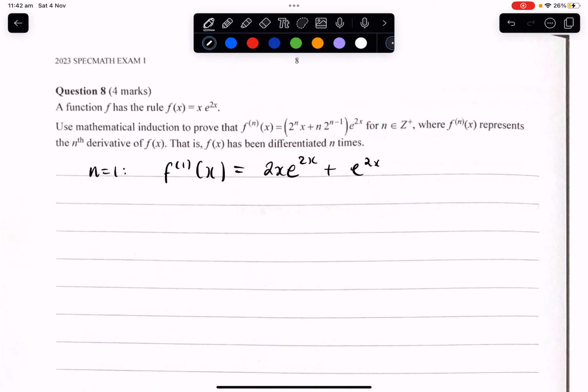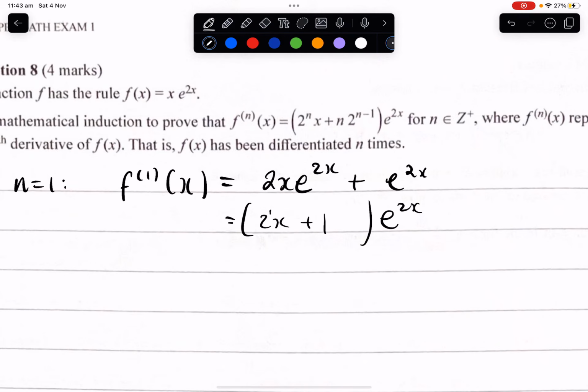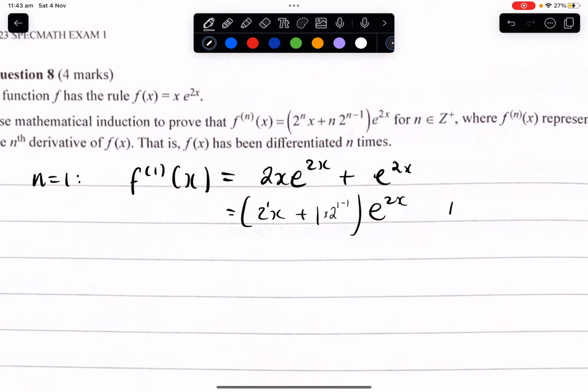Now write that in the form they've given. You can take out e to the power of 2x, and what you've got left is 2x plus 1. Now that's 2 to the power of 1 times x plus 1, which is n, times 2 to the power of 1 minus 1. So that's true.